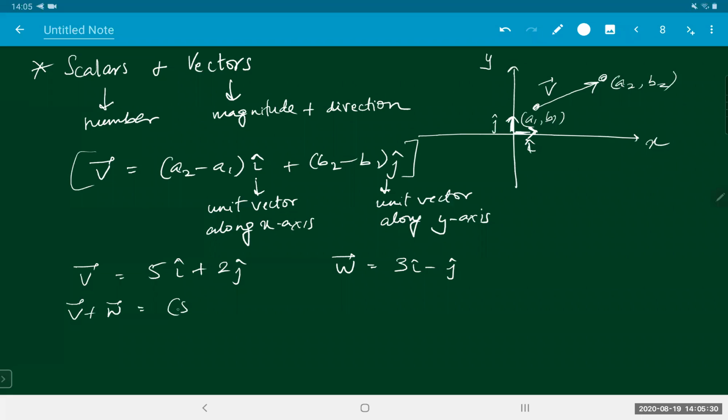So this is 5 plus 3 in the i direction and 2 minus 1 in the j direction. Similarly, you can also subtract vectors from each other. Scalar, of course, is just a number.